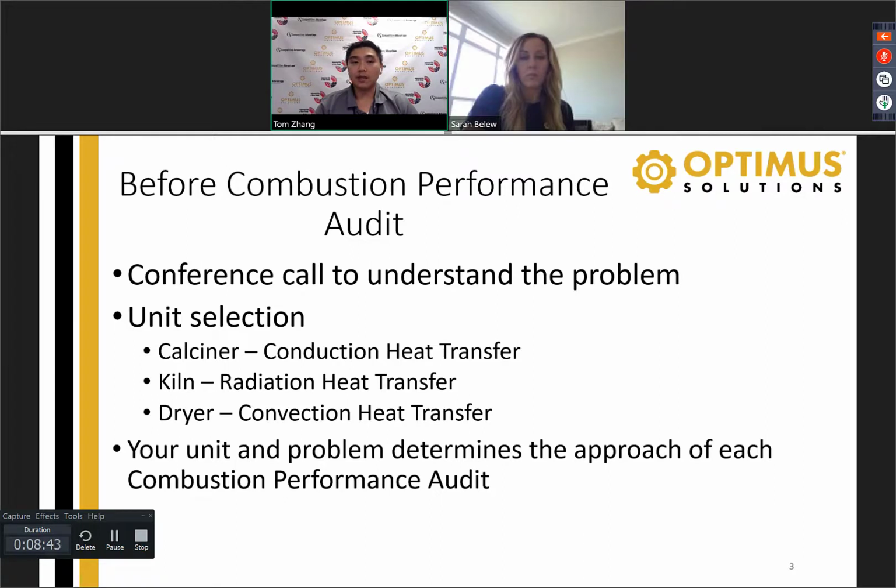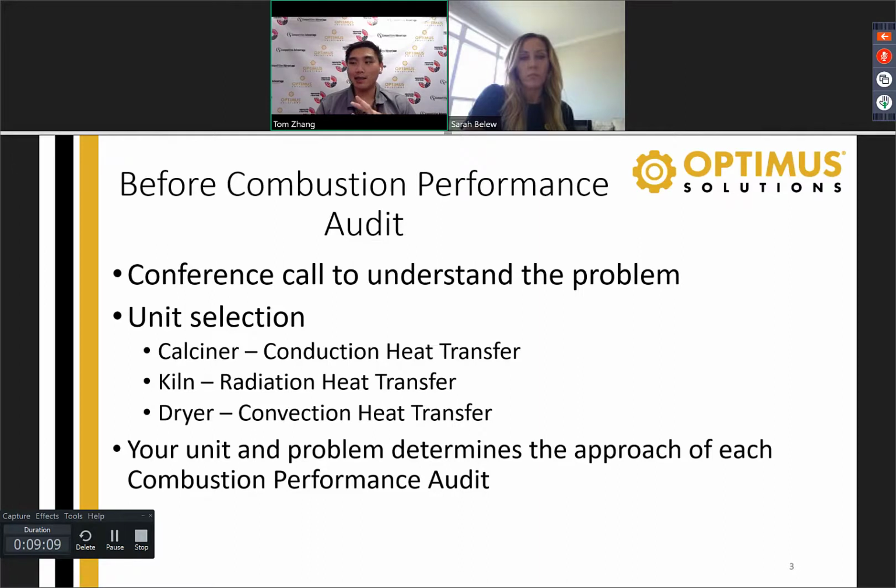A rotary kiln is your standard large unit, 10 to 20 feet in diameter by 200 to 400 feet long, with refractory. Rotary dryers are typically 8 feet by 50, maybe 70 feet, or 10 feet in diameter. Each of the units has its own particular way of heat transfer.